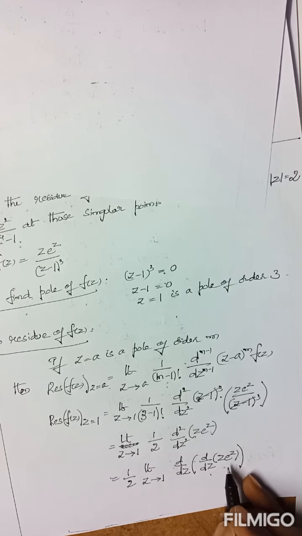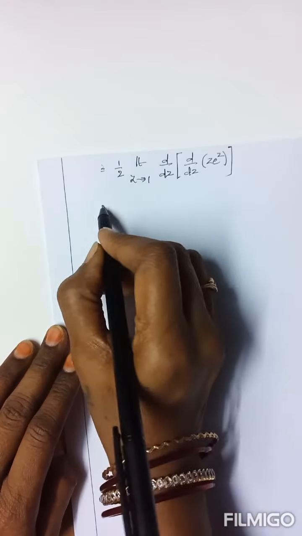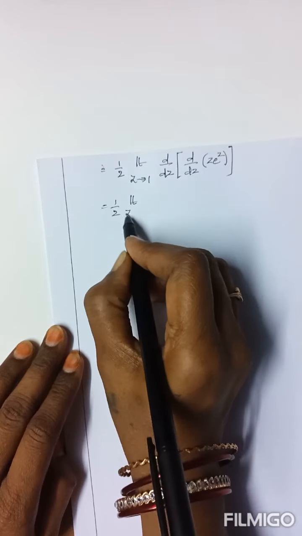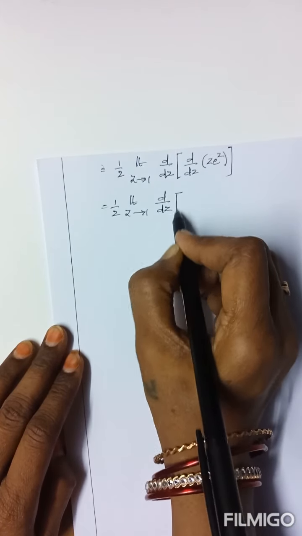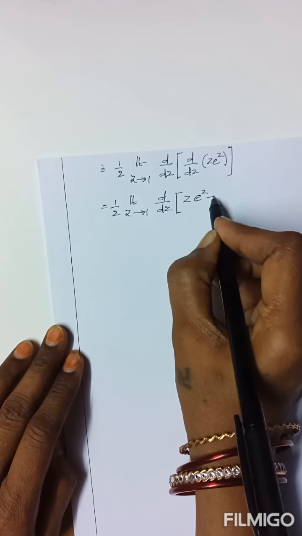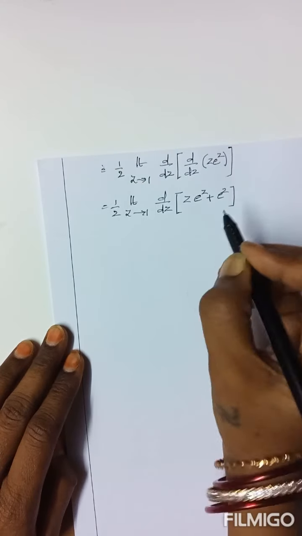Using the formula: z as it is, differentiation of e power z; next e power z as it is, differentiation of z is 1.